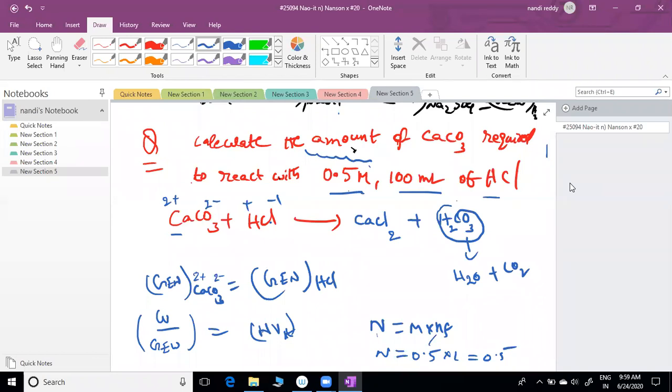Then you can write the equivalence formula. I already gave the formula last class. All formulas I gave in terms of weight by weight, normality, molarity, and normality and volume. Please check in your notes whether it is given or not.